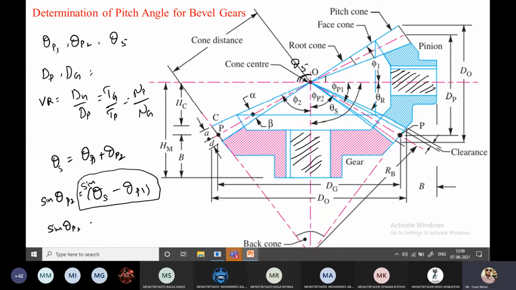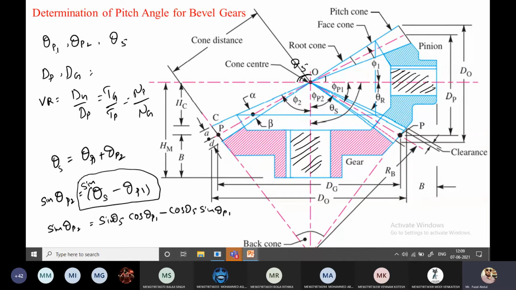Sin theta p2, this one I am expanding. What is sin a minus b? Sin a cos b minus cos a sin b. So sin theta s cos theta p1 minus cos theta s sin theta p1.